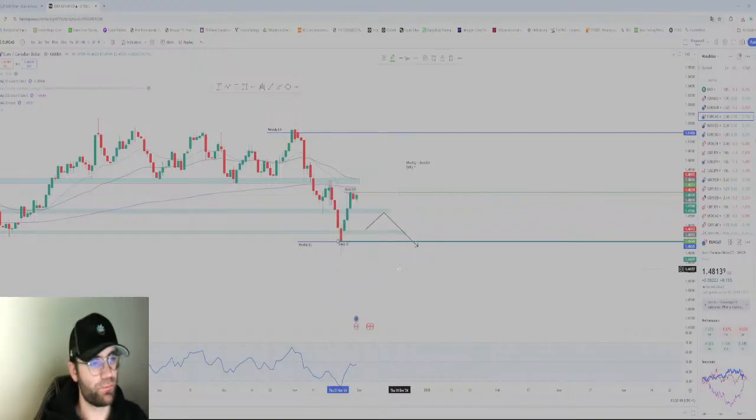Daily lower low, and that would make the 4-hour probably bullish.